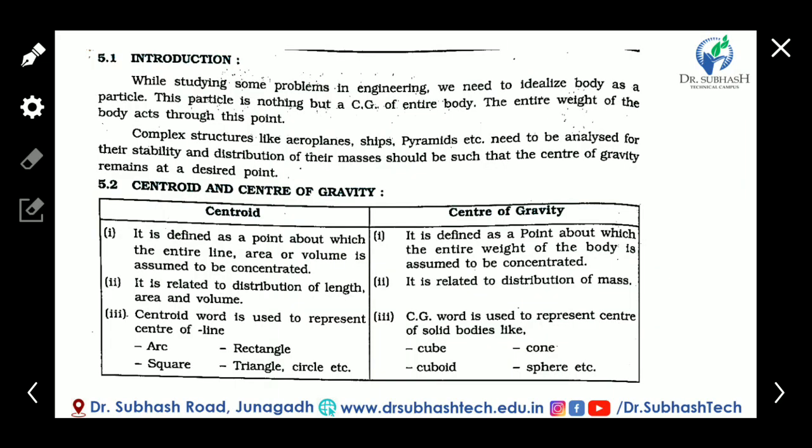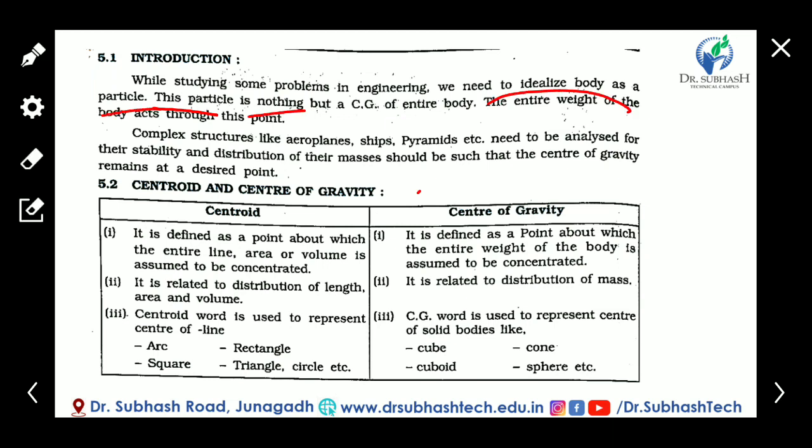First we see what the center of gravity is. While studying some problems in engineering, we need to idealize a body as a particle, and this particle is nothing but the CG of the entire body. CG means center of gravity. The entire weight of the body acts through this point.